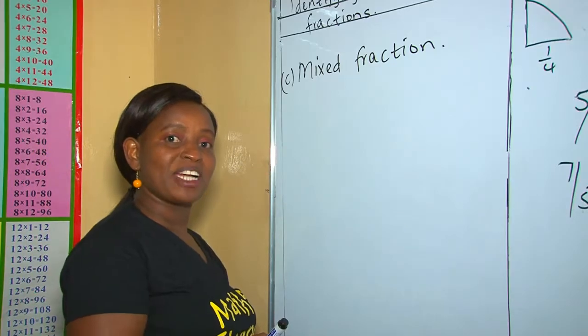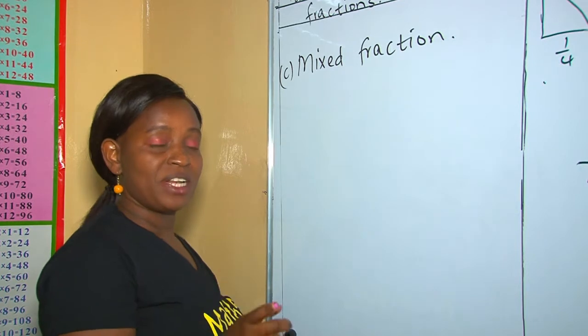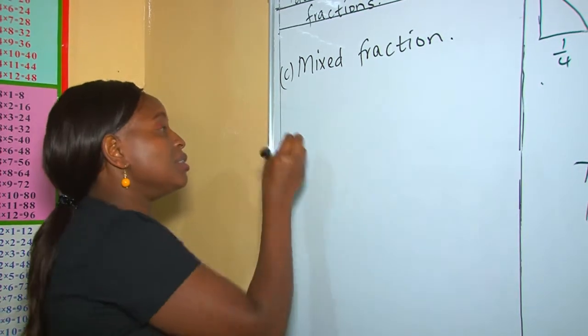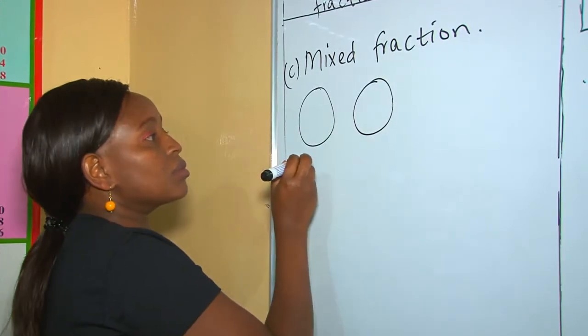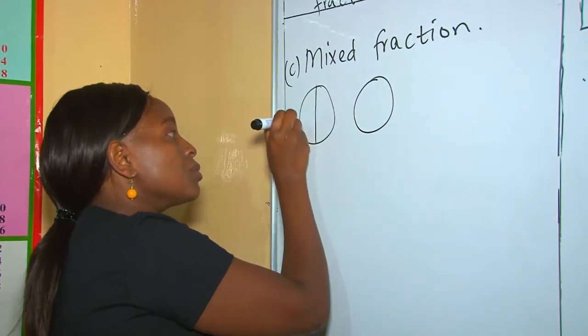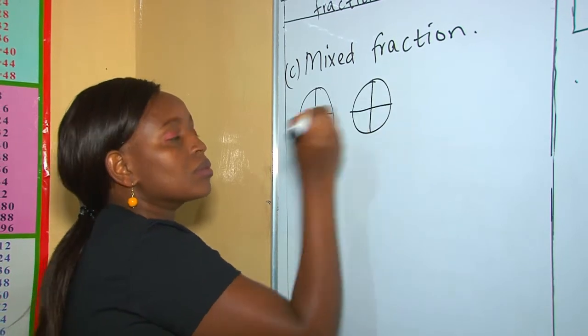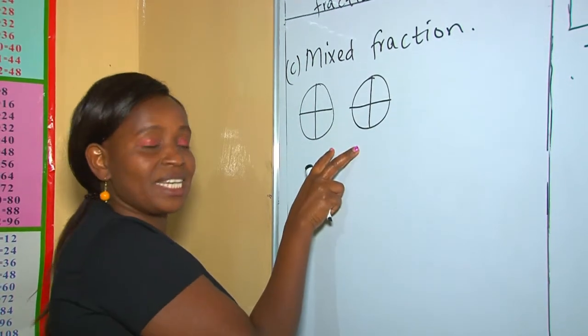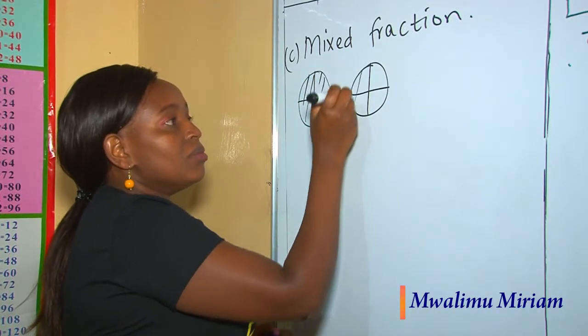The last type of fraction is mixed fraction. Now, for instance, if you are given these are 2 oranges and all these oranges are shaded.